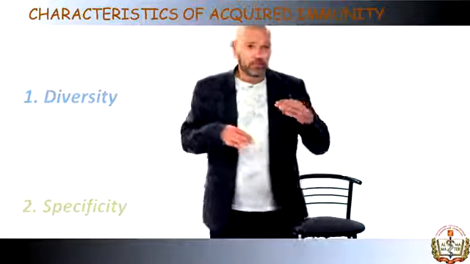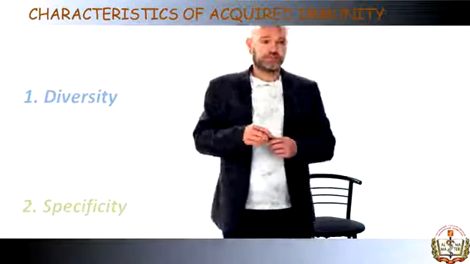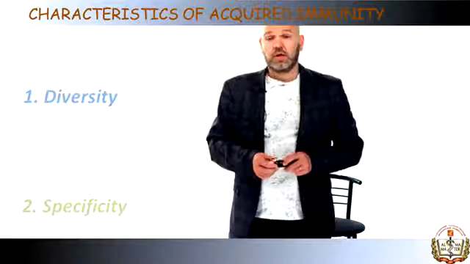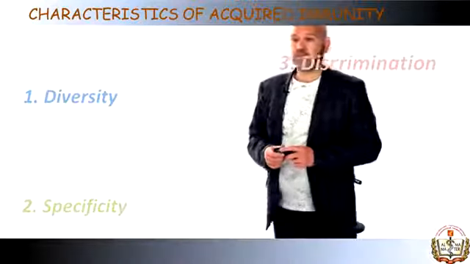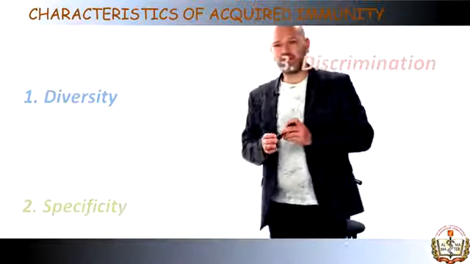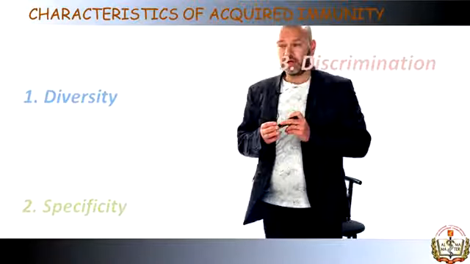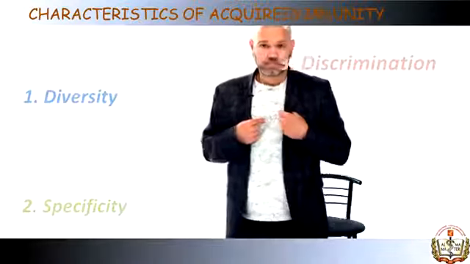So both terms are required to perform correct functions of immune protection, of course. So the third property is discrimination. Discrimination is the ability to recognize and respond to a foreign molecule and to avoid a response against our own body.